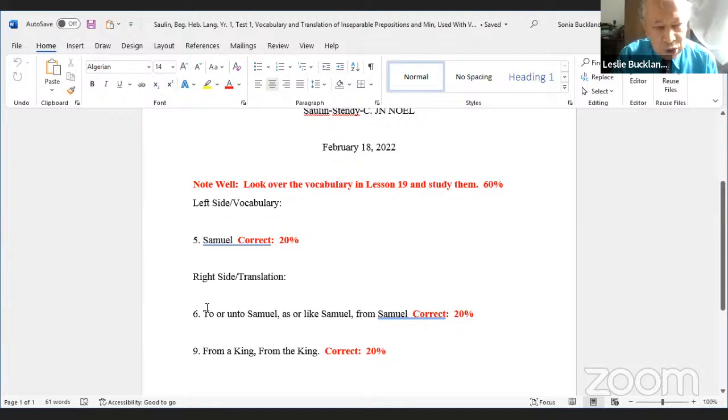But if it is just le, lameth, and simple shua underneath it, it would be "to Samuel." I did not take off marks for that. To Samuel, as or like Samuel, with a kaf before Samuel, from Samuel, correct. And number 9, from a king, and from the king, correct.